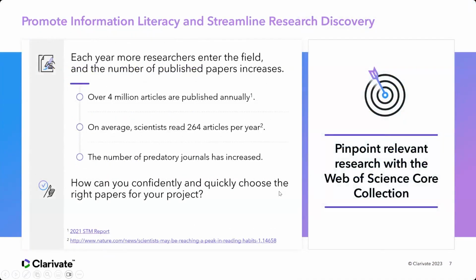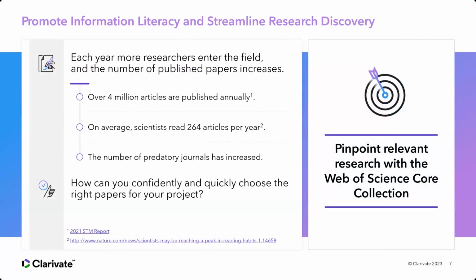Now, why is it important for you as researchers to be using Web of Science then? Number one, the content has already been pre-curated, so it's trusted content. But most importantly, it's also about efficiency of information retrieval.